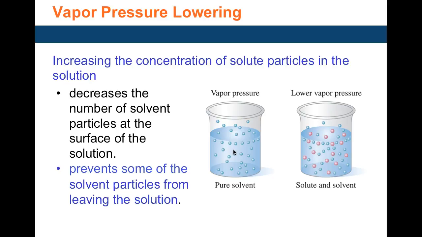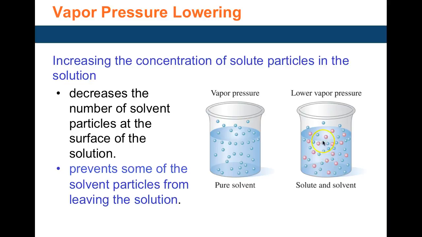Now, if you have some kind of impurity, a solute, present in the pure solvent, then you see that there are fewer vapor particles gathering on top of the surface of the solvent.